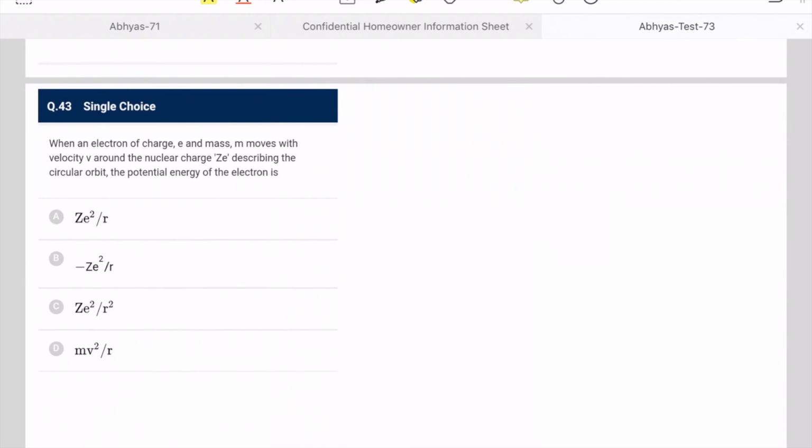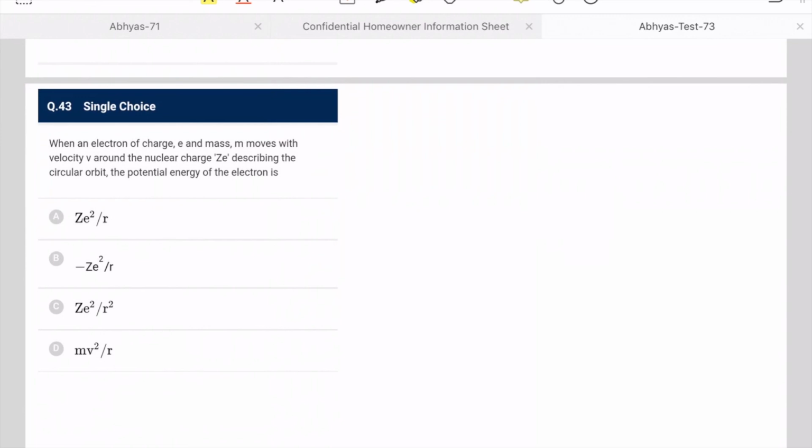So when an electron of charge e and mass m moves with a velocity v around the nucleus of charge Ze describing a circular orbit, the potential energy of the electron is given by. So this is a normally theoretical question only.